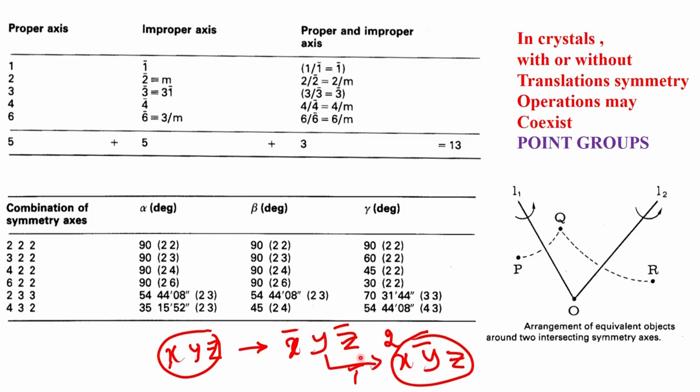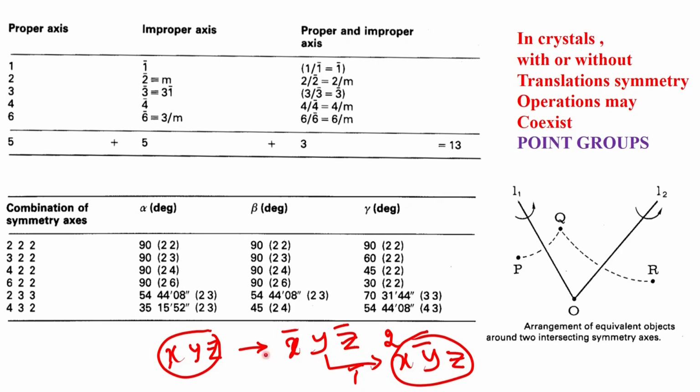So, if the symmetry is 2, we will get x y z equals x bar y z bar. If the symmetry is that of a mirror symmetry, we get x y z is x minus y, z, and nothing else. It is a point group because if we operate the mirror symmetry again, we will get back x y z.